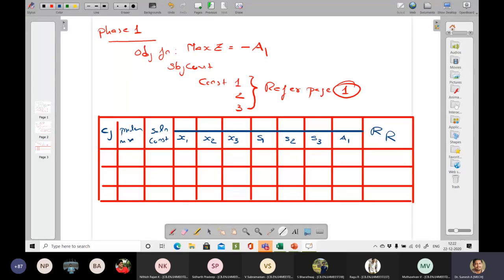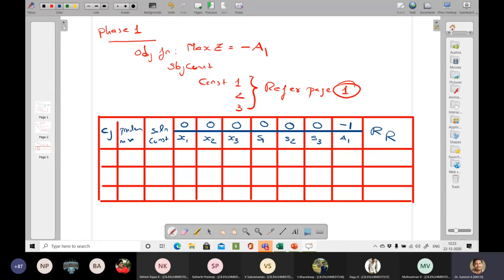In the auxiliary LPP, I had only the term minus a1. So the objective coefficient of x1 will be 0, x2 will be 0, x3 will be 0, s1 will be 0, s2 will be 0, s3 will be 0, and a1 will be minus 1.